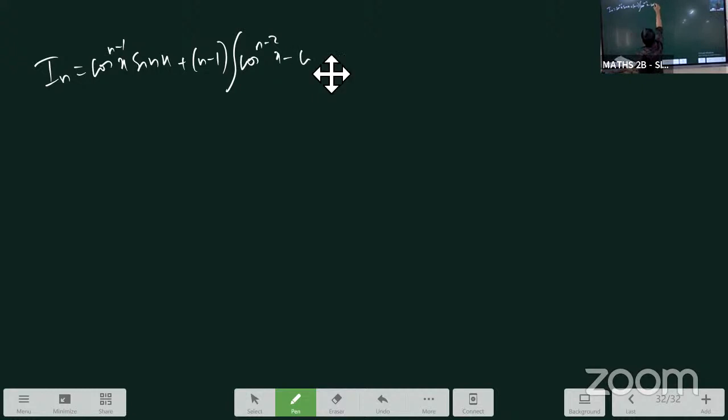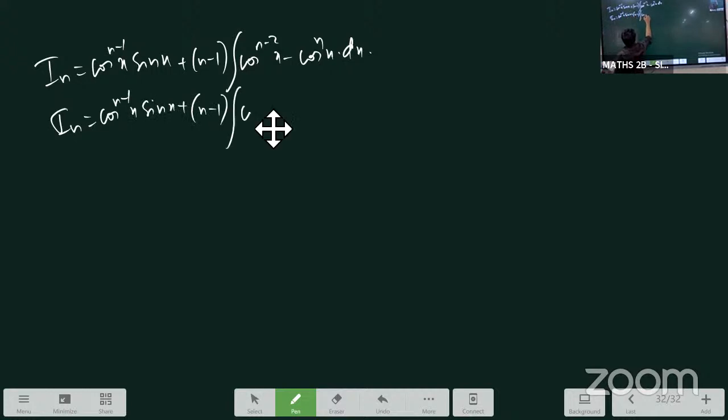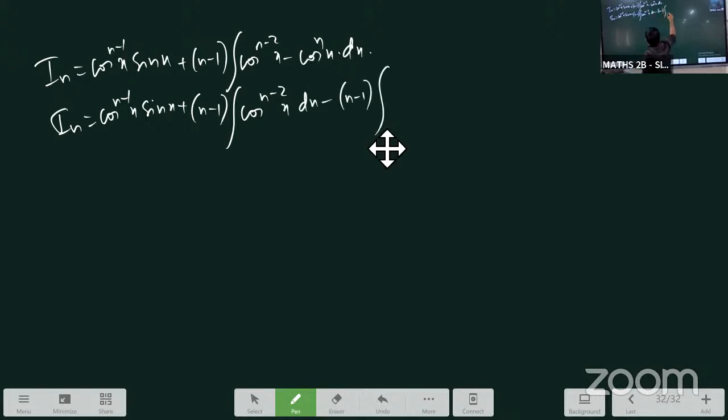When bases are equal, add powers, 2 gets cancelled. What do I get? Now In is equal to cos to the power n minus 1 x sin x plus n minus 1 integration of cos to the power n minus 2 x dx minus, separate your integration, plus c will be there, right? Minus cos to the power n x dx plus c.